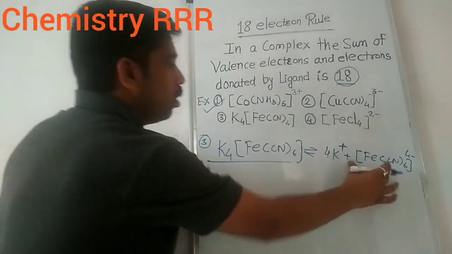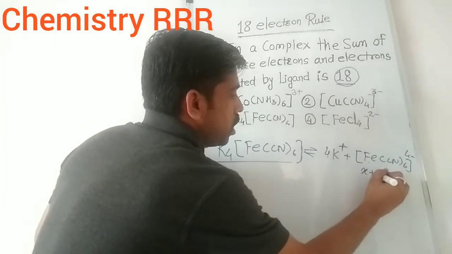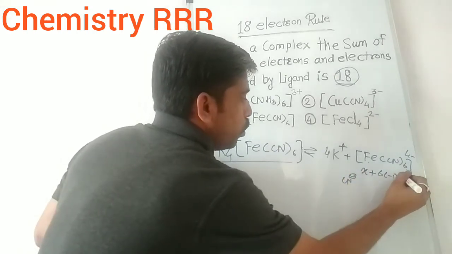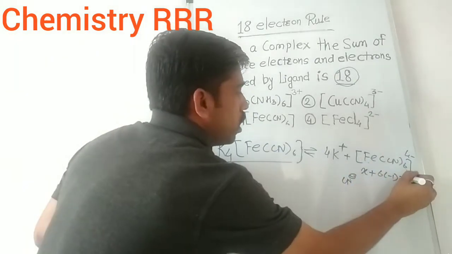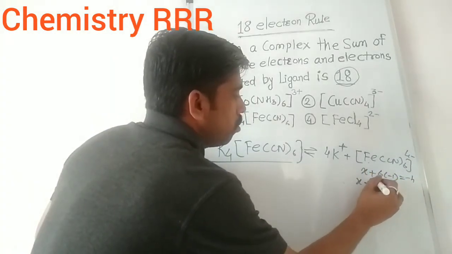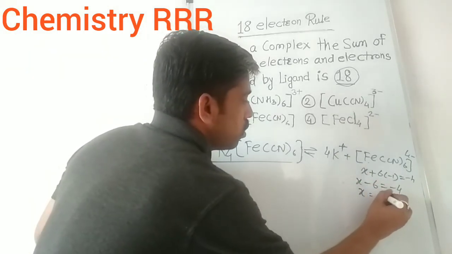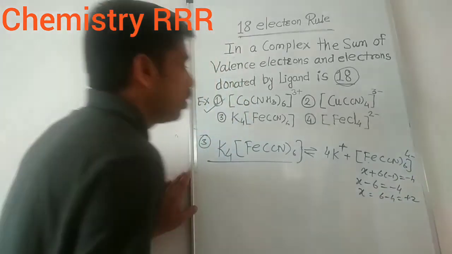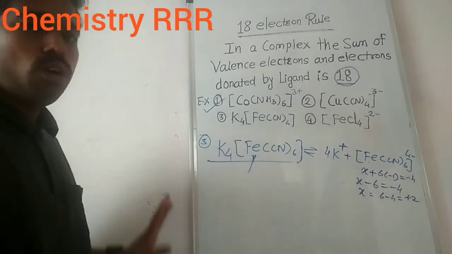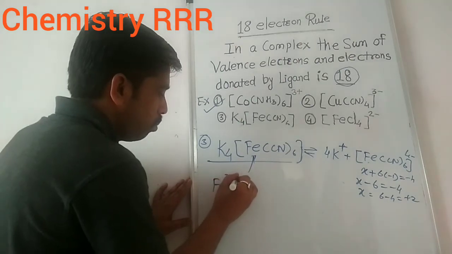Now let's consider Fe is equal to X plus 6 into the charge on cyanide, minus 1, which is equal to the charge on the complex ion, minus 4. Therefore, plus 6 into minus 1, minus 6, is equal to minus 4. Therefore, X is equal to 6 minus 4, which is equal to plus 2. So in this complex, iron is present in the plus 2 oxidation state.